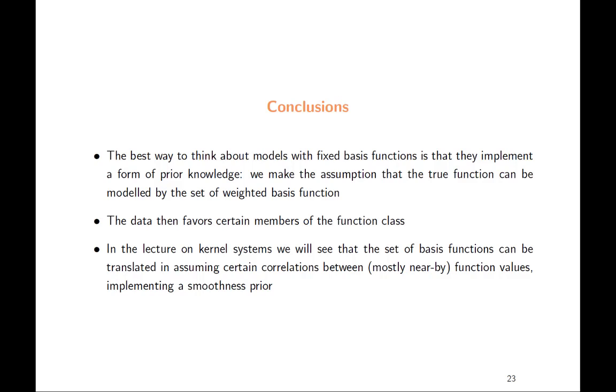And an interesting extension is a lecture on kernel systems, where we will see that the set of basis functions can be even infinite. But also, there's an interesting transition to neural networks because they are using sort of smart basis functions. So this was it.